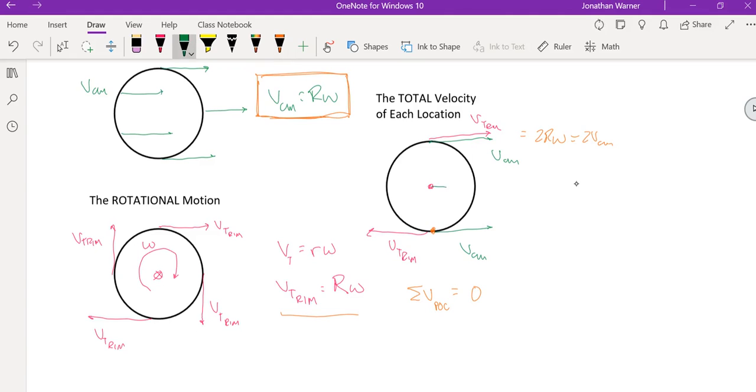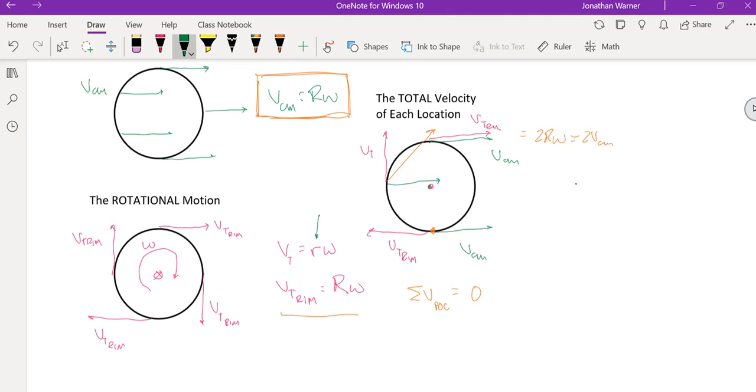This place here only has a V_CM because there is no rotation, no tangential speed relative to the center, because r at the center is 0. At this location here, tangential speed is upward, and center of mass speed is V_CM, and so this place has a velocity like that.